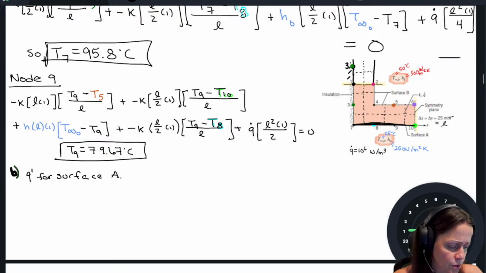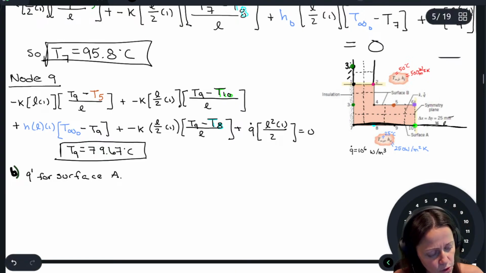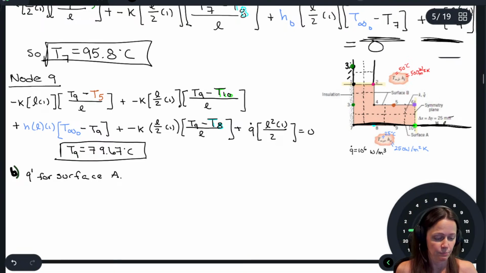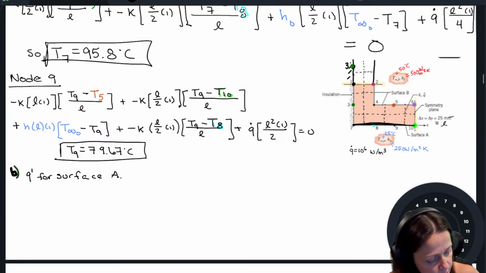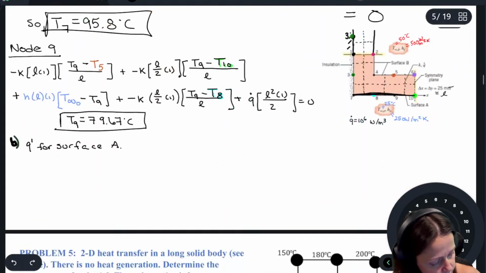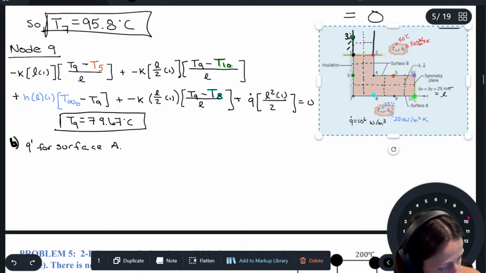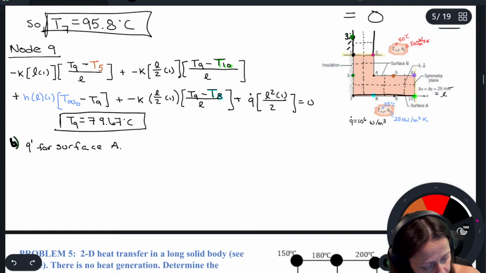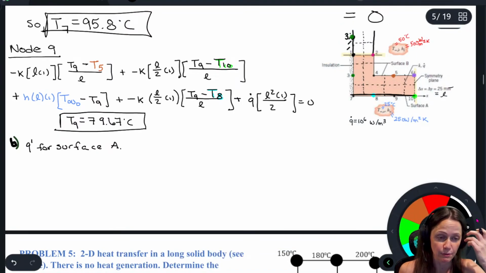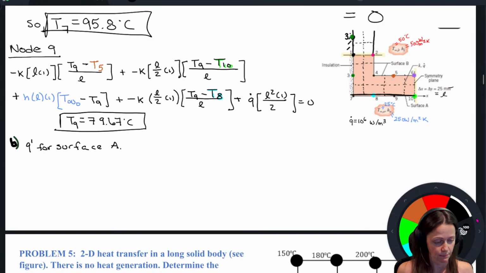But then I also know that there's going to be a heat transfer rate for this section, and also for the one up here and the one up here. So once I calculate it for this surface right here, if I just multiply it by 4, I'll have it for the entire channel.